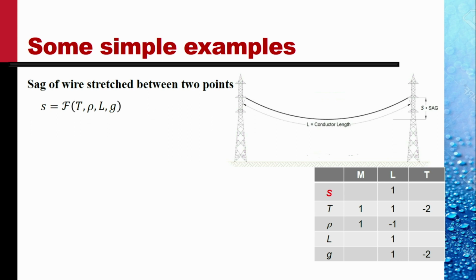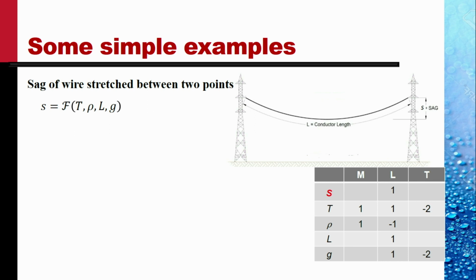The density rho is here the density per unit length of the wire. We don't need to worry about the density per unit volume, since the weight would be a function of length, so we work with the density per unit length. So the dimension of rho would be simply M^1 L^-1.